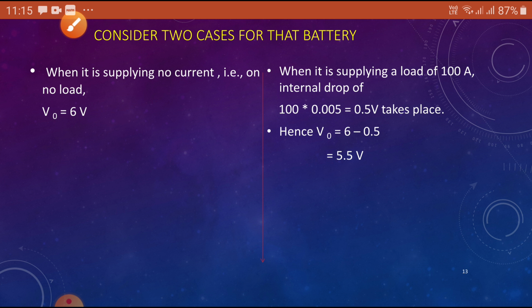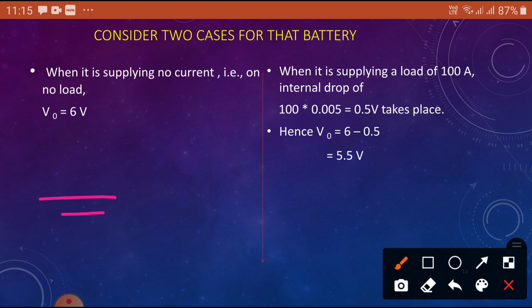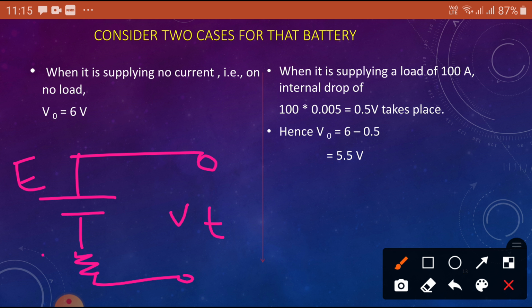This is the source E, this is the internal resistance small r, and here is Vt. I am not connecting any load. So at no load condition, the load is open. V0, that is Vt or the output voltage, is equal to 6 volts.